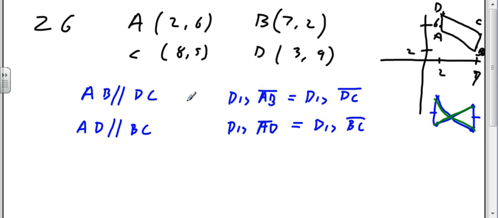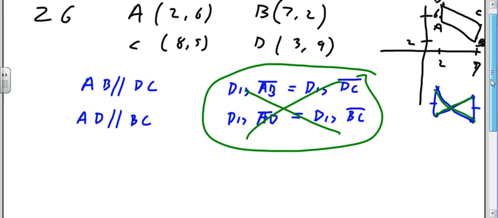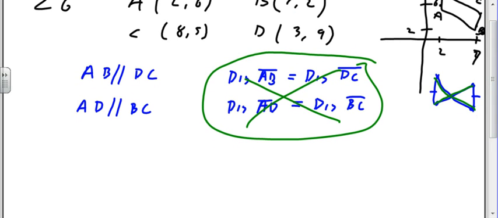That would be this condition, right? But I don't have a parallelogram in that condition. So I don't care about that condition at all. Totally irrelevant. All I need to know is whether or not these are parallel. All right, so I want the slope of AB.